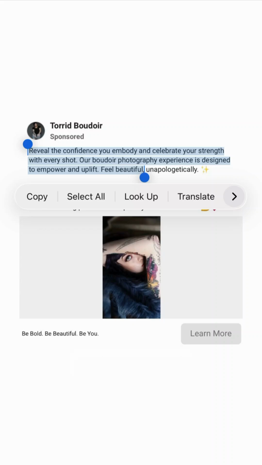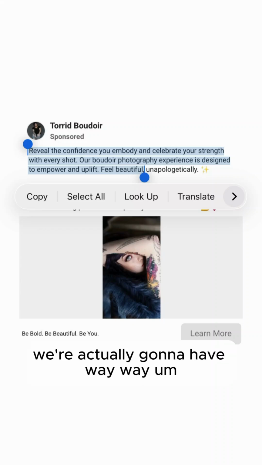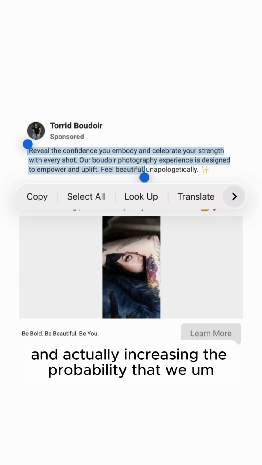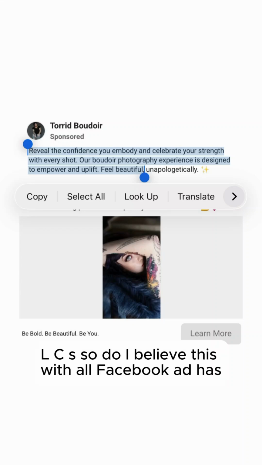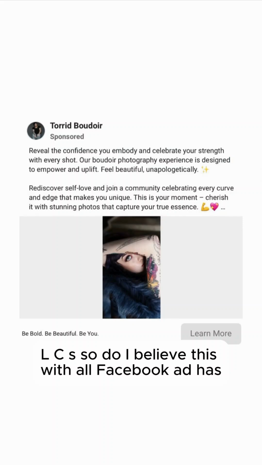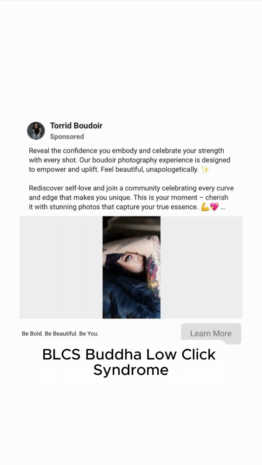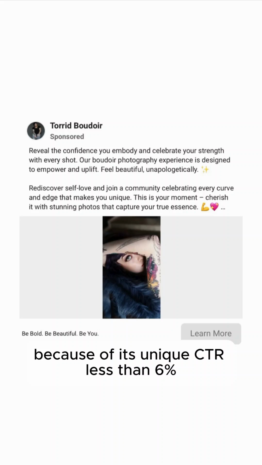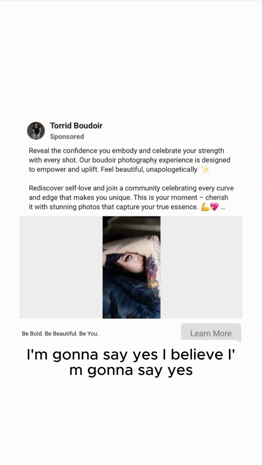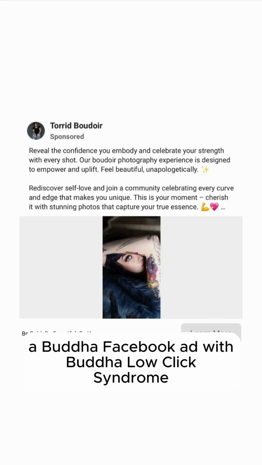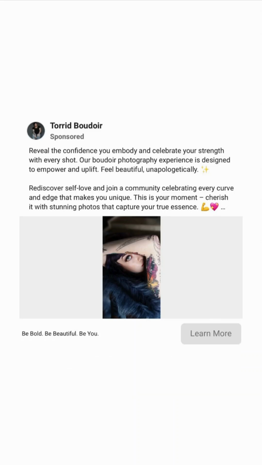And as a result, it's going to be pulling our unique CTR under 6% and increasing the probability that we have BLCS. So, do I believe this Boudoir Facebook ad has BLCS, Boudoir low click syndrome, because of its unique CTR less than 6%? I'm going to say yes. My diagnosis is yes. I do believe this is a Boudoir Facebook ad with Boudoir low click syndrome.